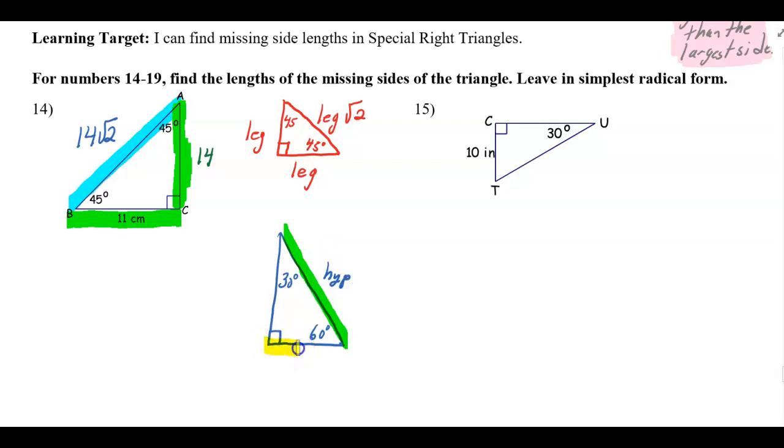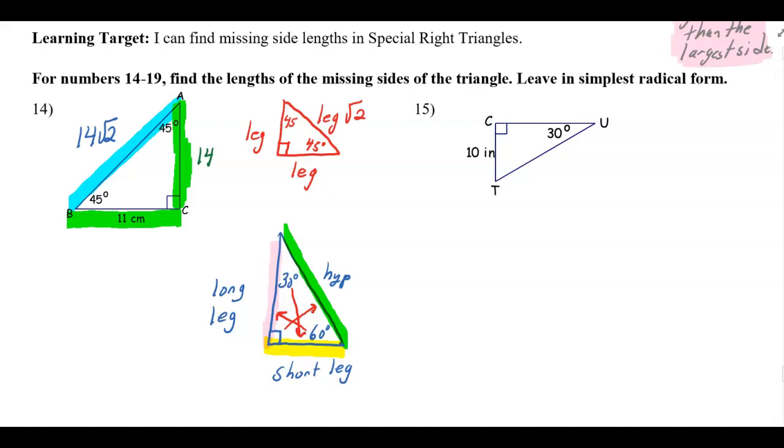We called the yellow leg the short leg. And we called the pink leg here, which was across from the 60, we called that the long leg. So always across from the 60 is the long leg, always across from the 30 is the short leg, and always across from the 90 is the hypotenuse.